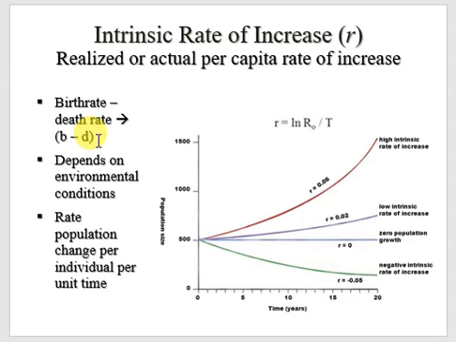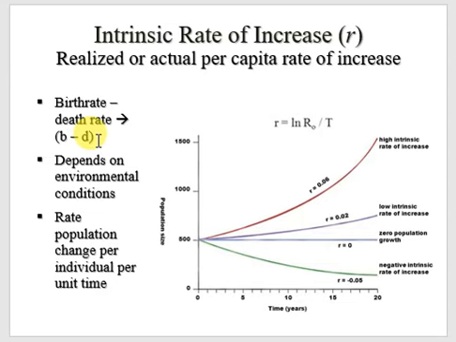Now, when per capita births exceed per capita deaths, so if b is greater than d, the population is increasing. And this is noted by a positive r value, right? So if you get a positive r value, your population is increasing. If you get a negative r value, that means that deaths exceed births, or mortality rate is greater than natality, and your population is decreasing.